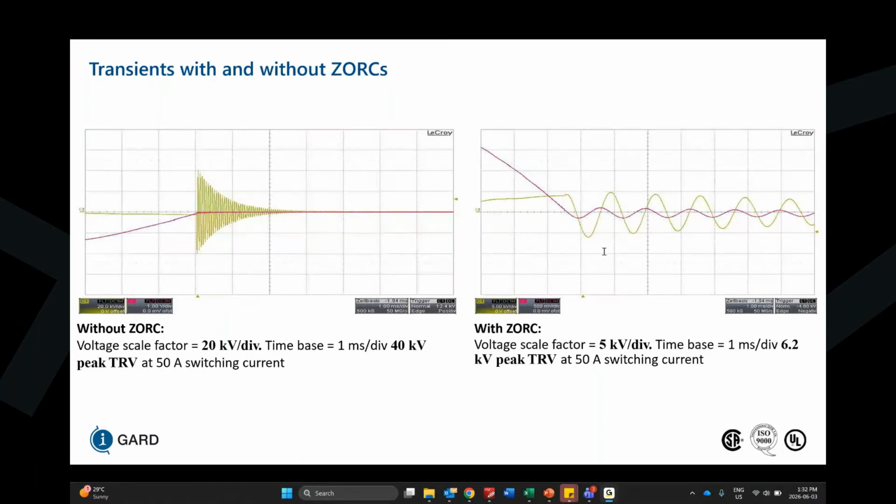RC snubber is good for the switching transients that occur when you're energizing and de-energizing. So a combination of both would be achieving full level of protection for the switching transients and the lightning protection. That would be my recommendation.